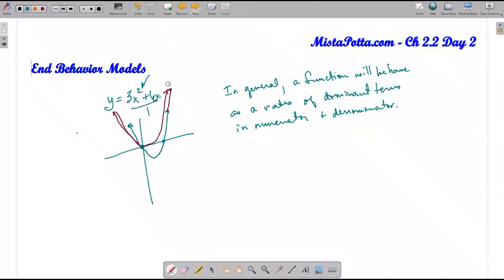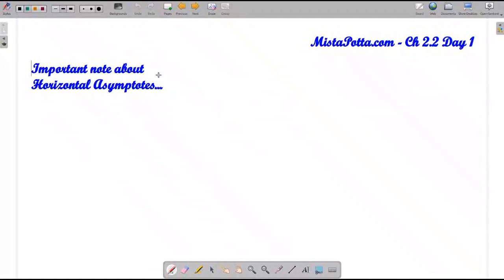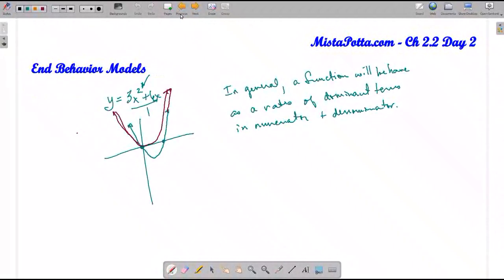What's more interesting is how I deal with situations where I'm looking at a ratio of two functions.